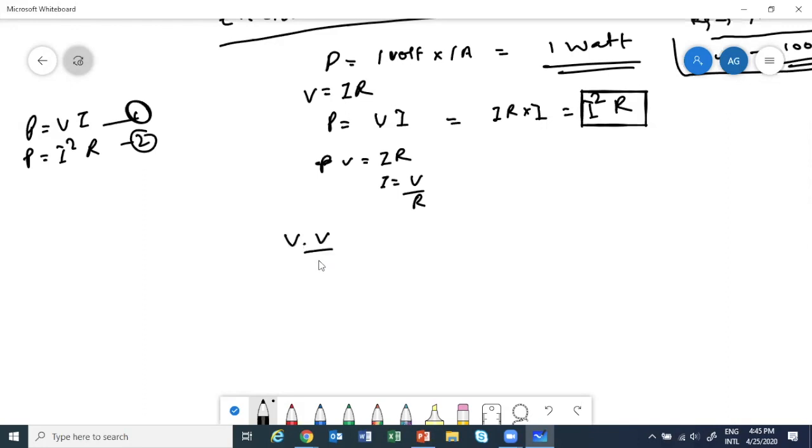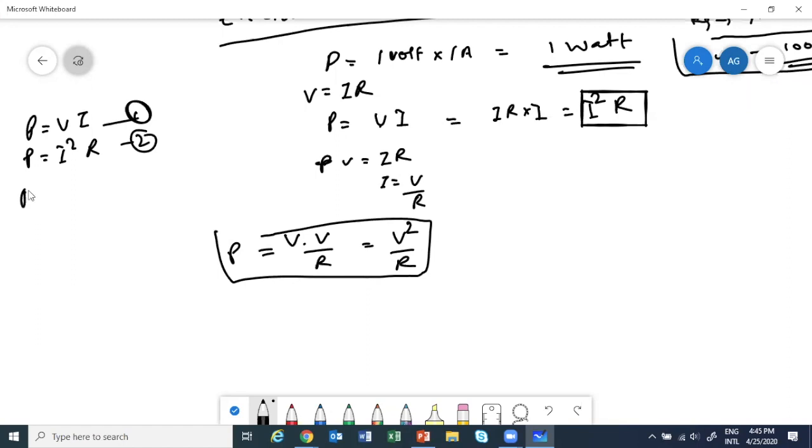V into V by R equal to P. So that is V square by R. This is the third equation. Okay, any doubt on this?